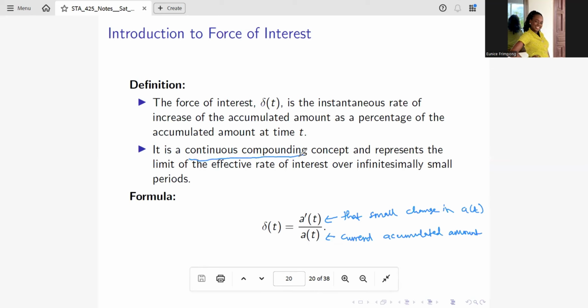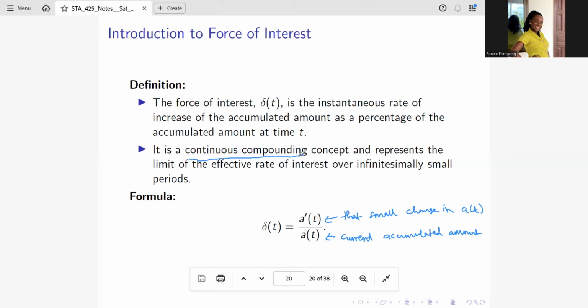In our previous lesson, we considered a case where you are earning interest, for example, every year, or if it's a nominal case, let's say it's being compounded twice in a year, you are earning interest at the end of every 6 months. In the case of continuous compounding, you are earning interest all the time.